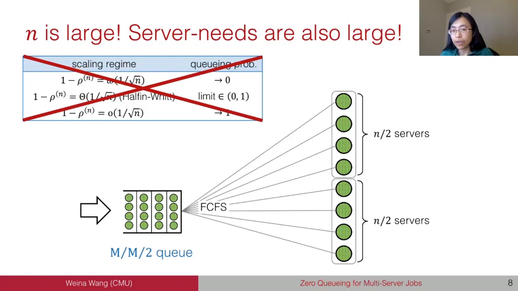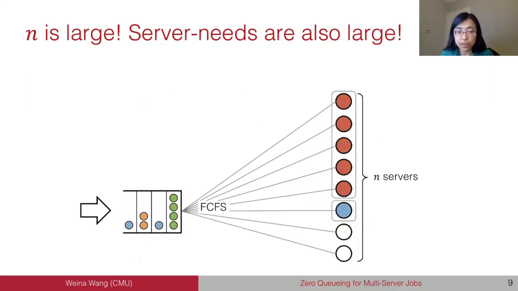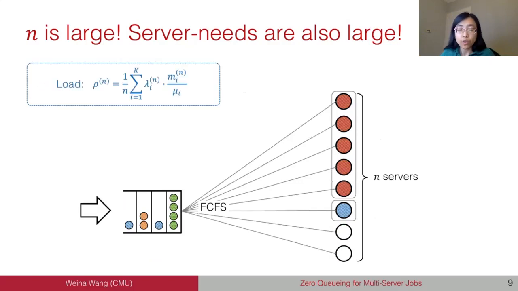More generally, we have different job classes with different server needs. In this case, the load is defined in the following way, which is different from the traditional notion. Here we have an arrival rate lambda_i and a server need m_i, and we put the superscripts n on both of them because they can both depend on n.